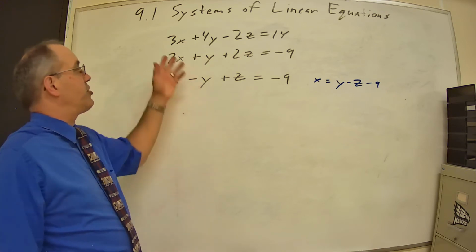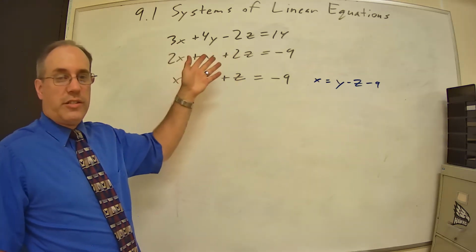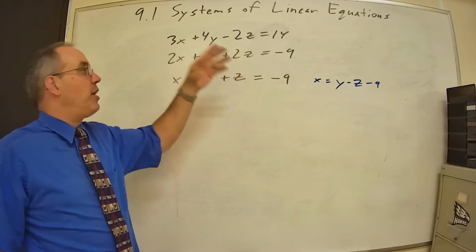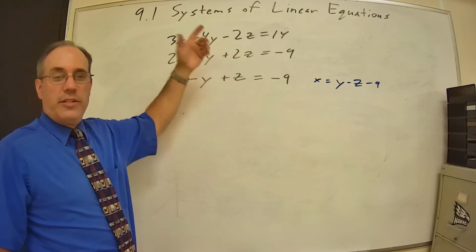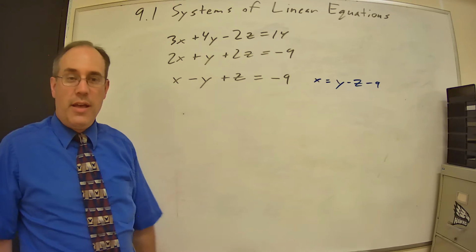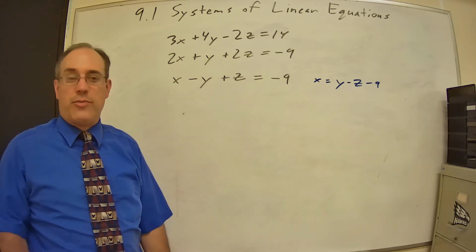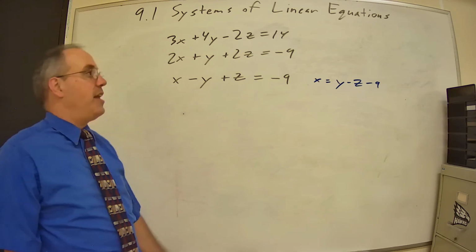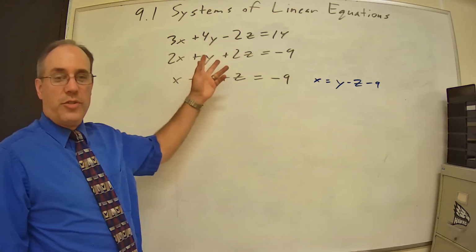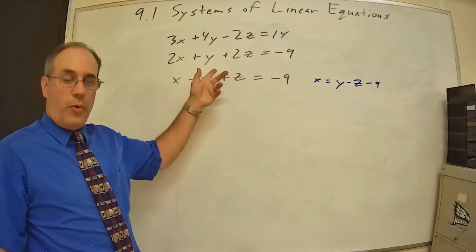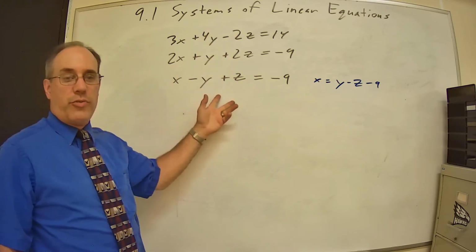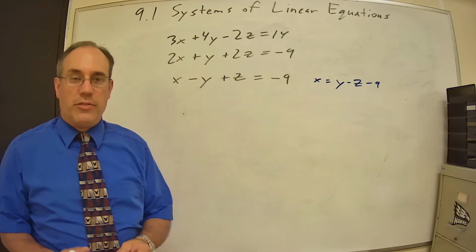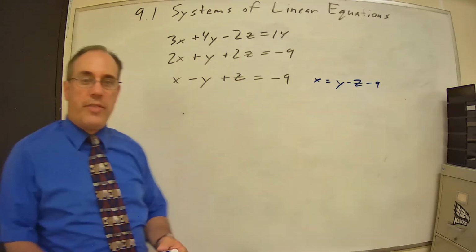I could then solve one of those equations for y in terms of z, and plug that into this equation for y, and have it as one equation in terms of z. Solve for z, and then plug that into the equation with two variables to solve for y, plug that into the equation with three variables to solve for x, and I could get all of my values. So that's one method I could do.